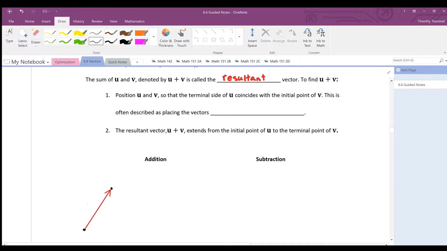So let's make sure that we note that this here is u, and let's sketch in v. And let's make sure we actually get it on the point there. There we go. So let's say that this here is v.